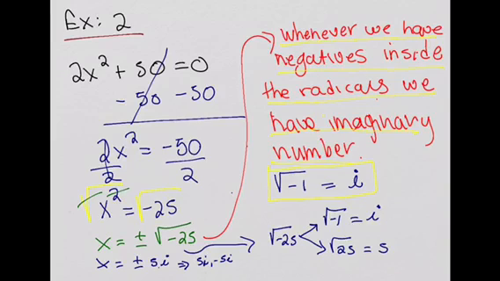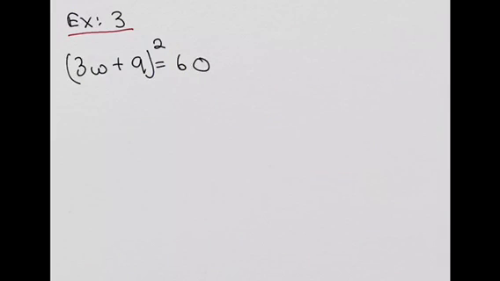Let's see another example. Okay, so we are still using the square root method in order to solve for the variable. Notice that the variable is inside the parentheses, inside this square. So what I need to do is cancel the square. I'm going to rewrite it.